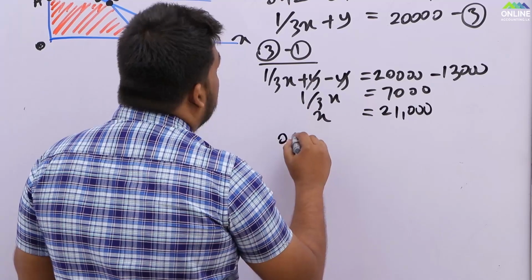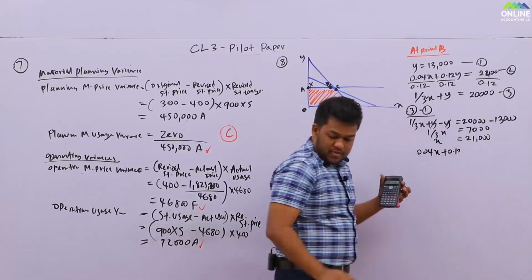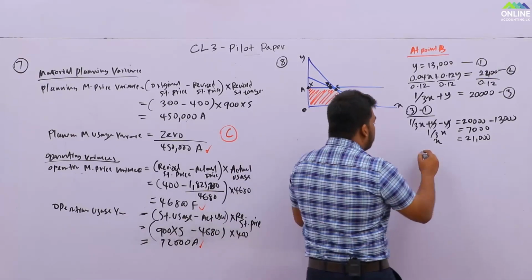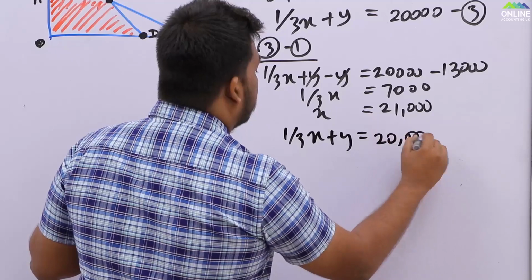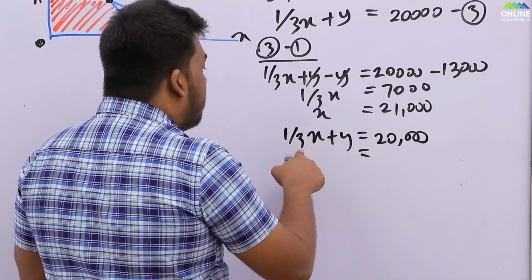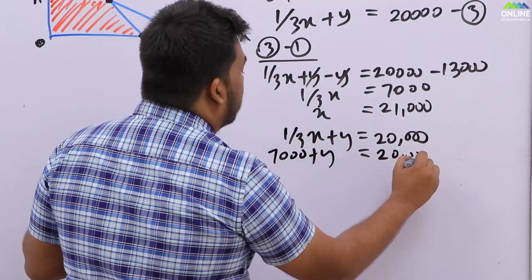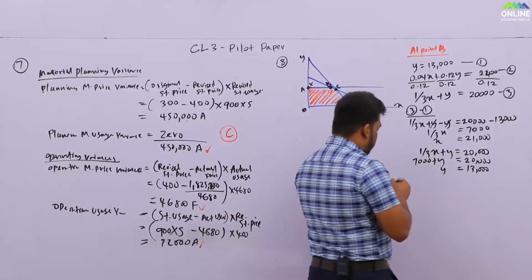Now apply that to another formula. We'll apply it to the last one, that is easy, no? 1/3x plus y equals 20,000. When you put in the 21,000 divided by 3, that is 7,000. 7,000 plus y equals 20,000, which means y equals 13,000.